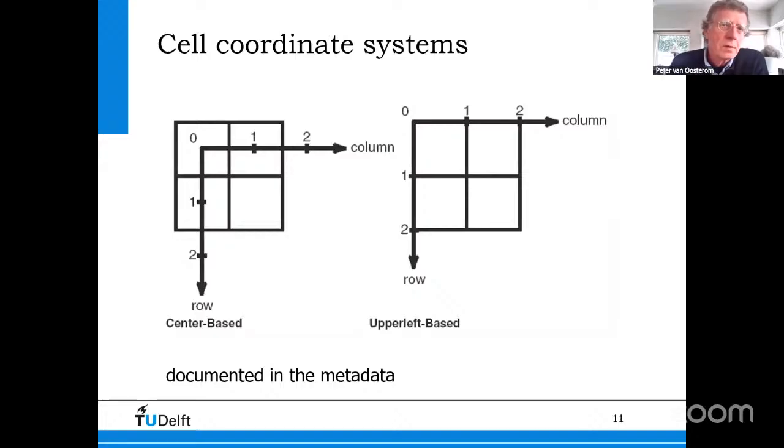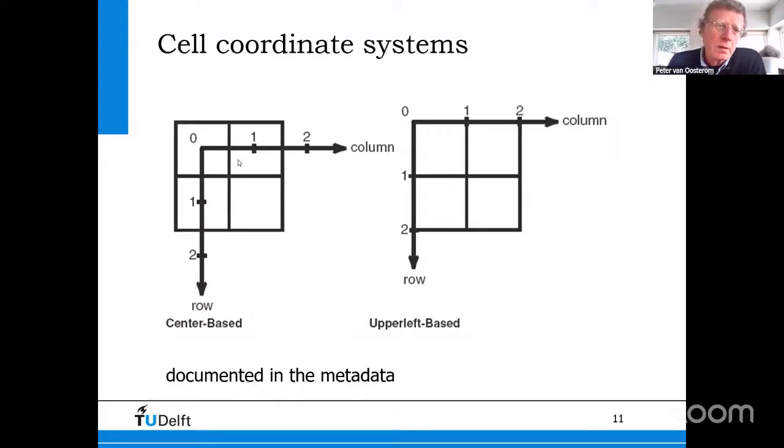Another little confusion is, are you addressing the corners of a cell or the centers of a cell? It does not really matter, but it's important that you document this well in the metadata so that the user can properly use the data, and also the number of values will be different.